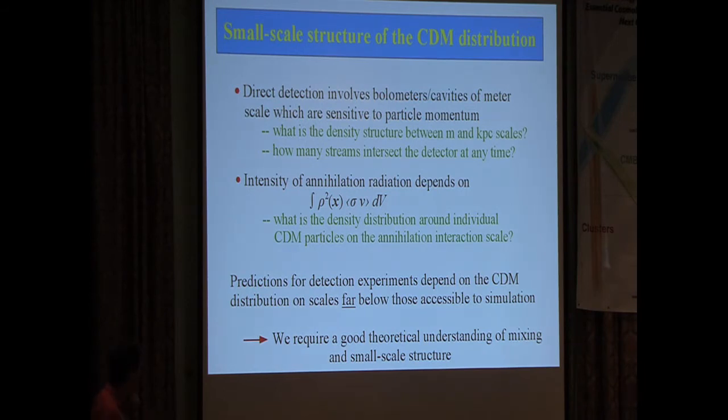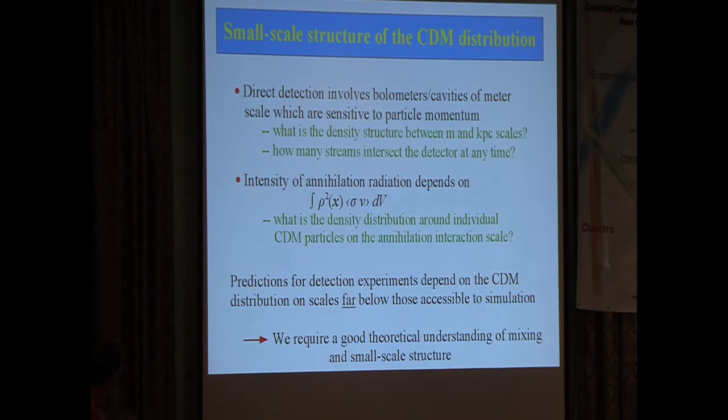There are a couple of kinds of detections. One is basically the equivalent of a laboratory experiment where you put a large bolometer, a crystal, and a cryogenic system down a mine shaft, and you try and detect collisions of the dark matter particles with the atoms inside your crystal, the bolometer. This is what's called direct detection because you're actually detecting the recoil energy when the particle bounces off the atom.